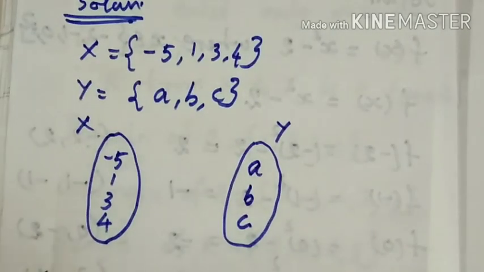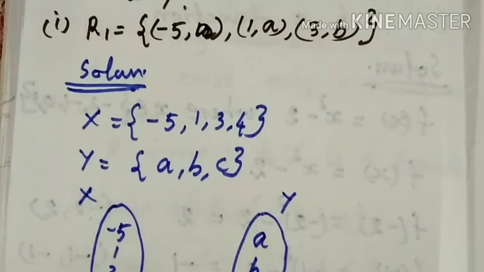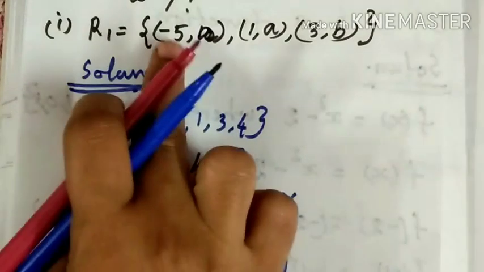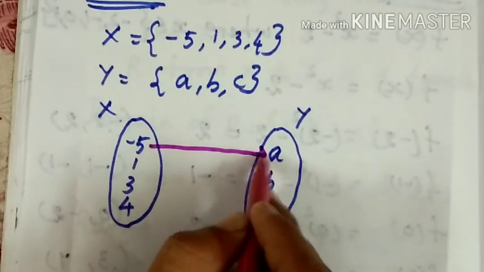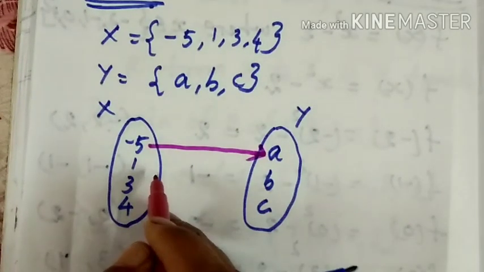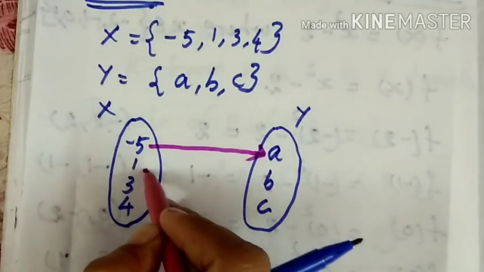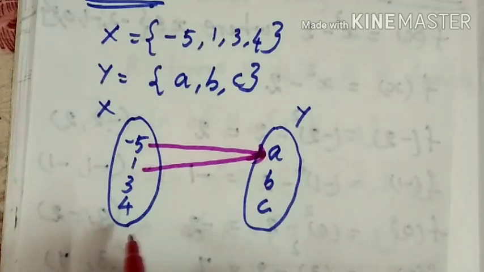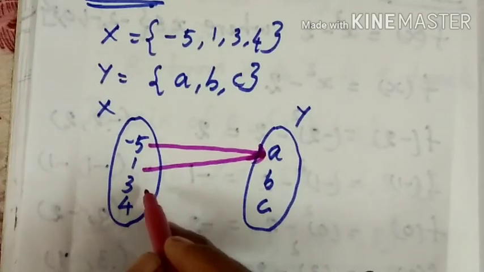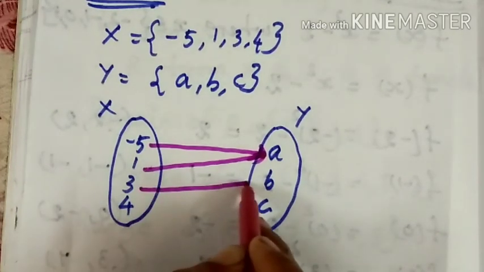Now relate these elements by using the given ordered pairs of R1. Minus 5 comma A: minus 5 is related to A. Then 1 comma A: 1 is related to A. Then 3 comma B: 3 is related to B. That's all.